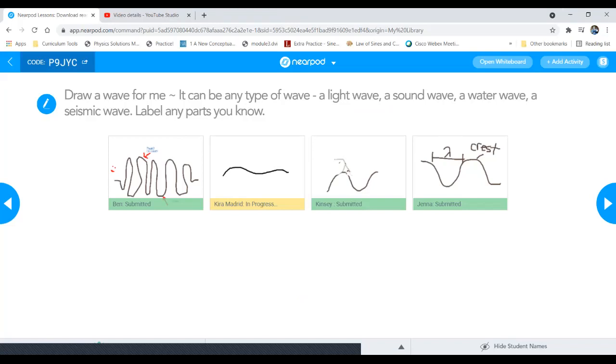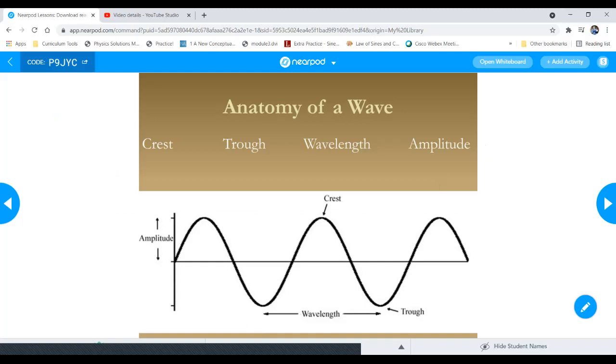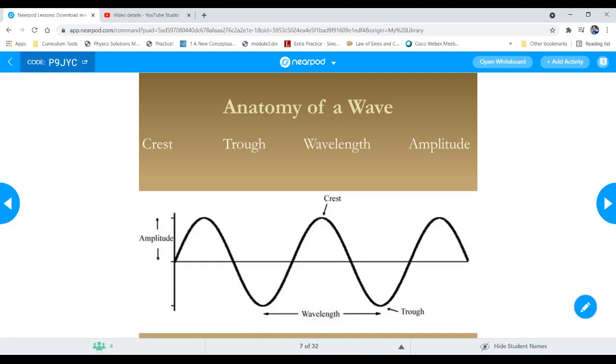And so you guys all have an idea about the anatomy of a wave, but I want to show you in this everything that we usually think about when we think about waves. The crest is the top of the wave and the trough is the bottom. Wavelength can actually be measured from crest to crest or trough to trough, either one.